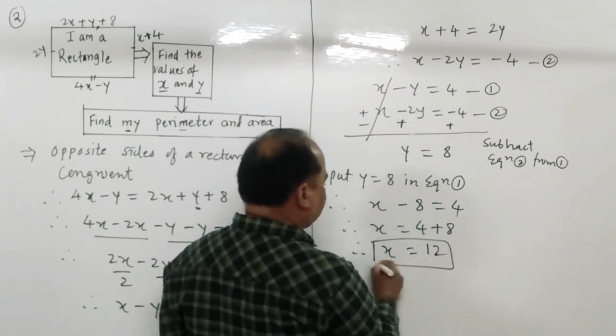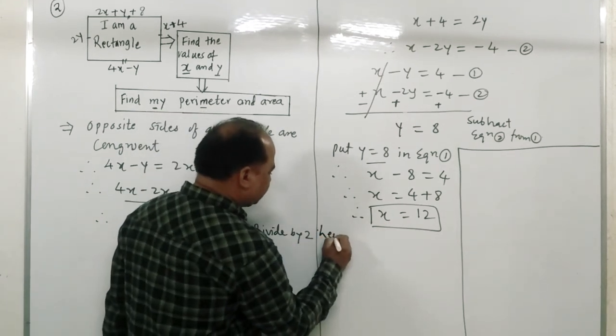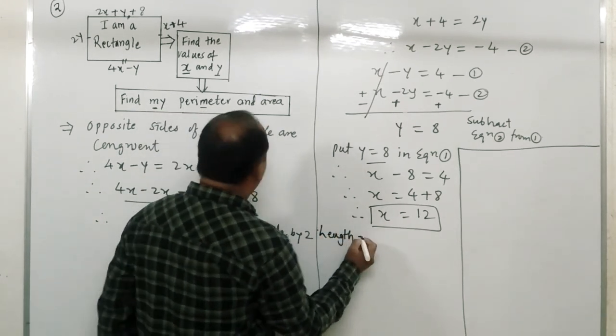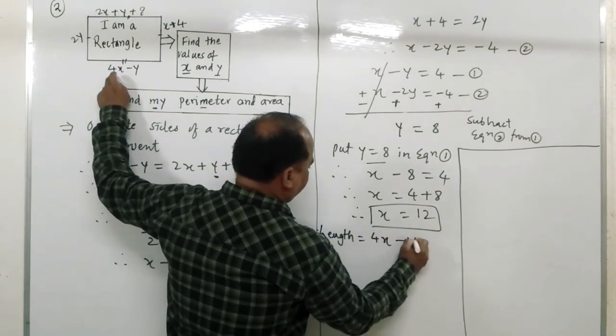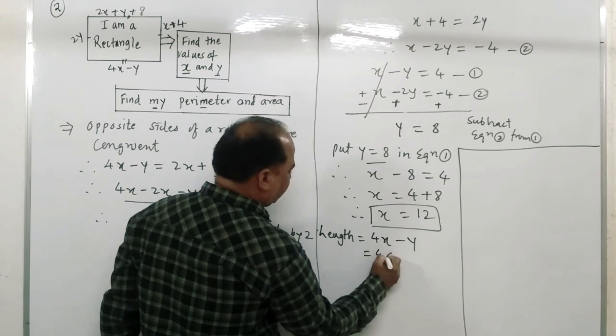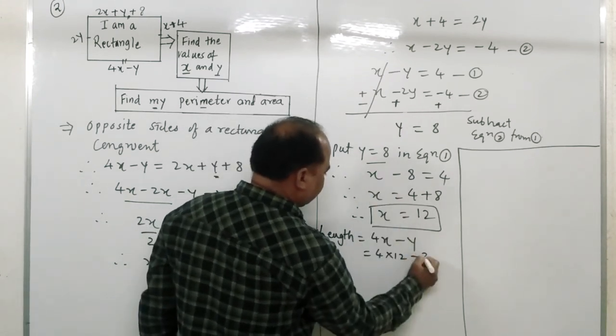x is 12. So now, the length of the rectangle is equal to 4x minus y, which is equal to 4 into x, which is 12, minus y, which is 8.